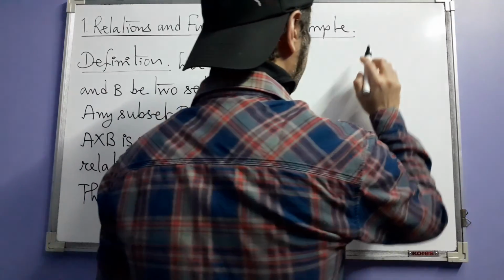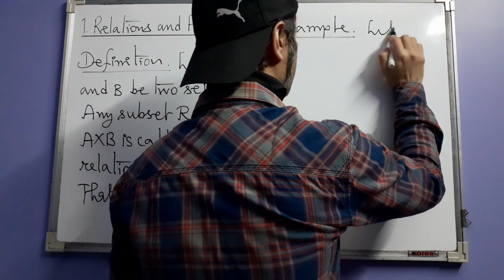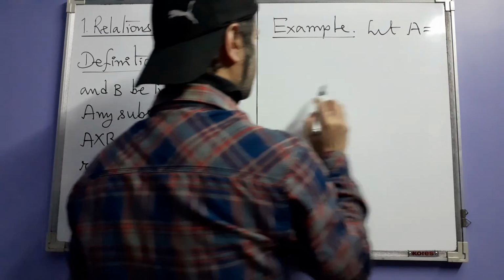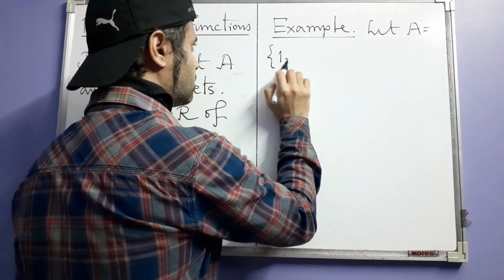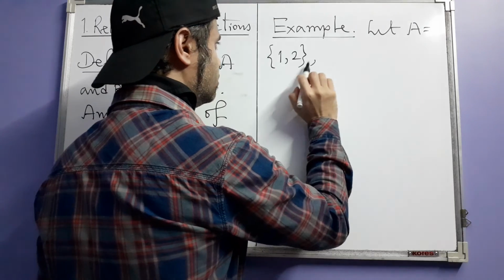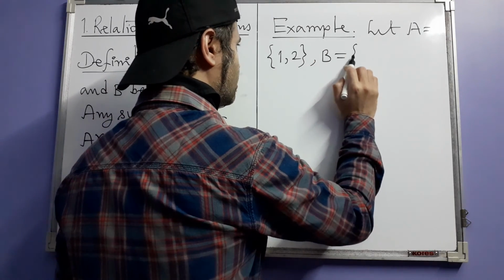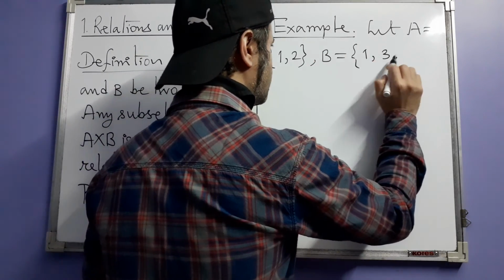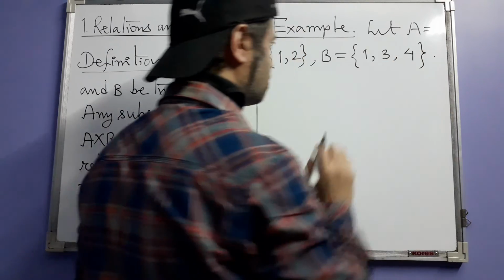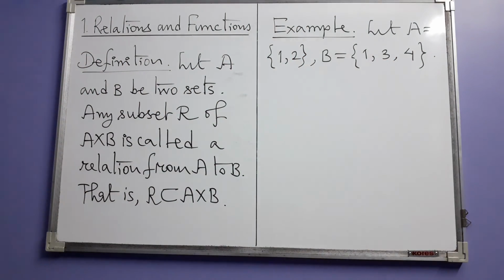So in this example, let's consider these two sets. Let A be the set consisting of the two integers 1 and 2, and let B consist of the integers 1, 3 and 4.